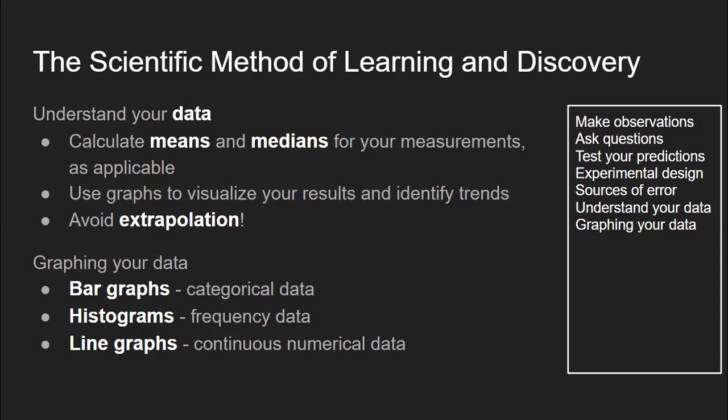So things like something sorted by color, or something sorted by species, or by type, something where you have to have some kind of descriptive word to say which category it falls in. So that categorical data is going to have bar graphs.